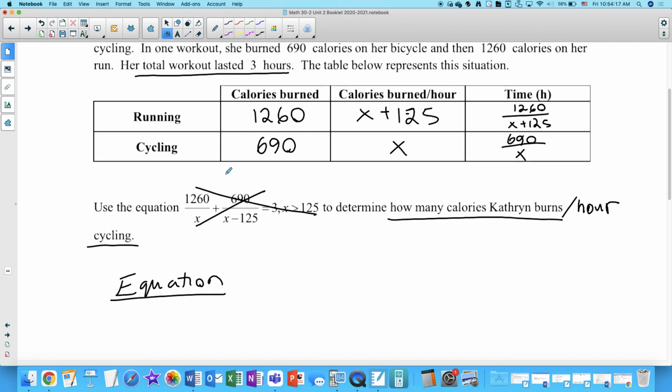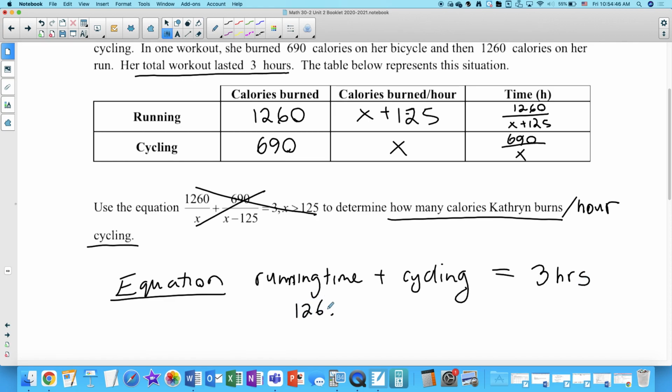And I personally like to write the equation in this sort of half math, half English way first, because it really clarifies for me what each piece of the equation represents. Okay? So her running time is 1260 over x plus 125. Her cycling time is 690 over x. And that has to equal 3 hours.